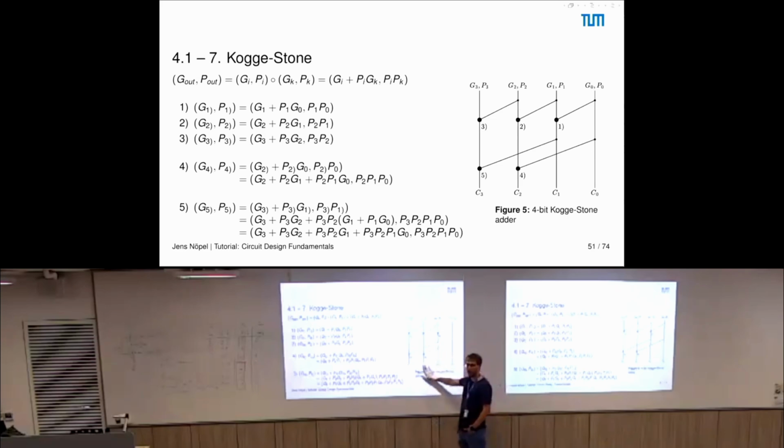From this point, you want to have a connection to this, this, and this. If that's not the case, then it's not an adder. From here, you want a connection to this one and this one. If not, it's not an adder. And here you also want a connection to this one. If not, it's not an adder. So this is the first sanity check you can do.